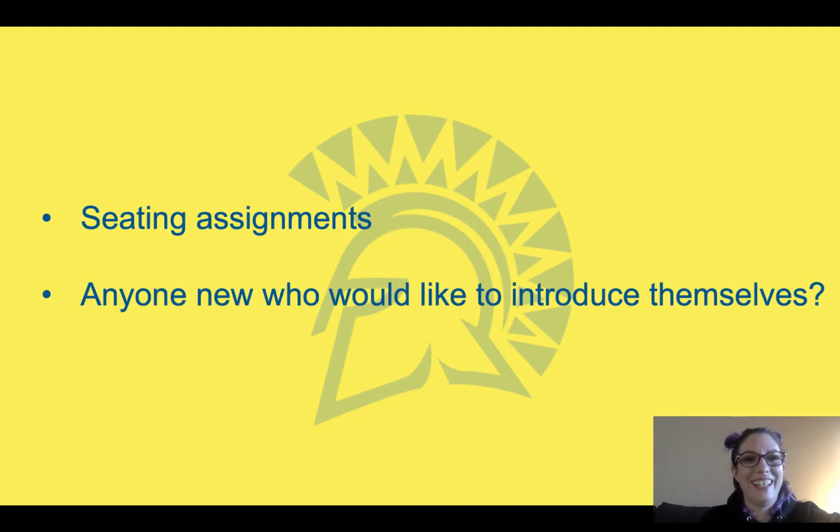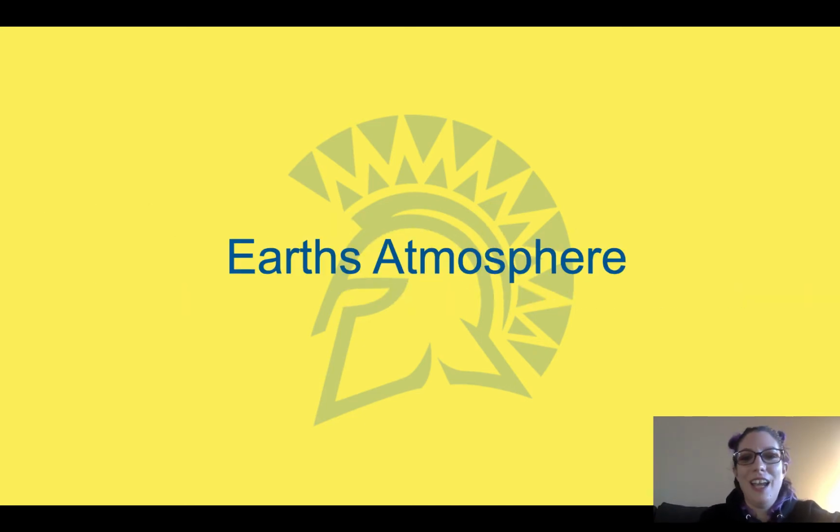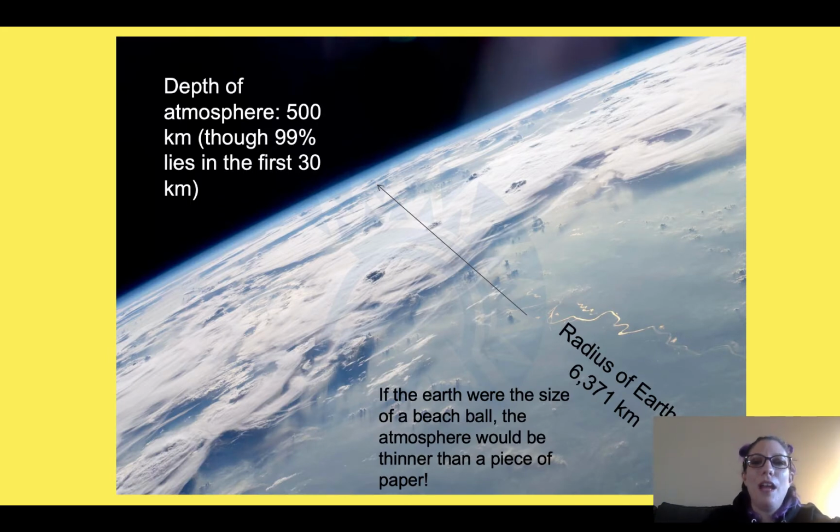There we go. This is from my live class. Okay. So, the first thing about the Earth's atmosphere is that it's very thin compared to the radius of the Earth. As you can see here, the radius of the Earth is just over 6,000 kilometers. But right from here to here is where our atmosphere is.